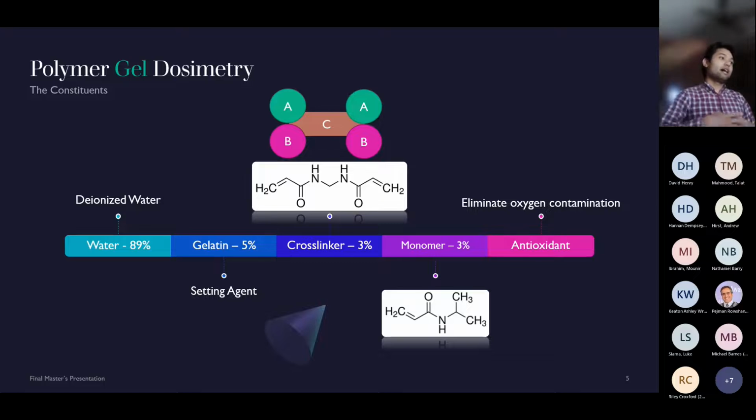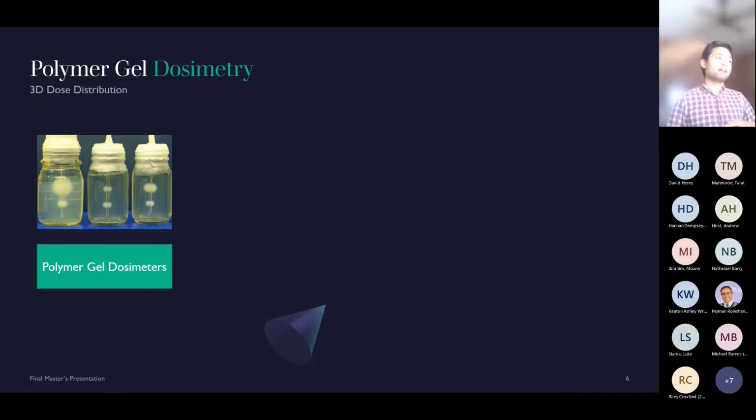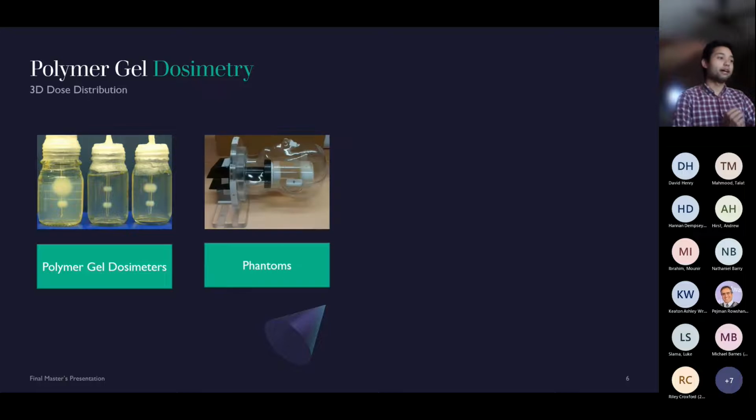A really good application of polymer gel dosimeters is that we can use them for patient-specific phantoms, or phantoms that have different shapes or sizes that are not cylindrical or not as simple as a sphere or rectangle, like a head. And then we can verify its dose using treatment planning systems.